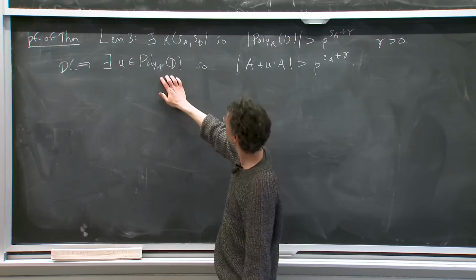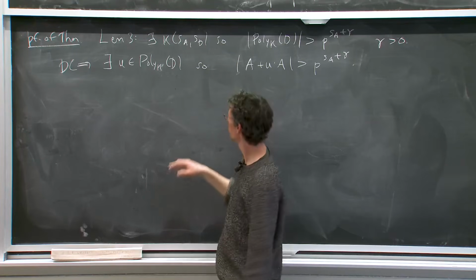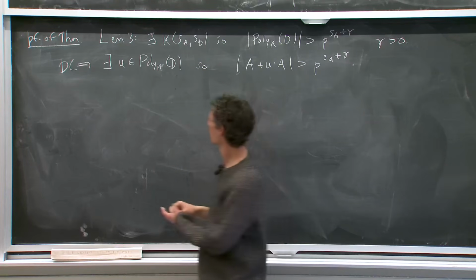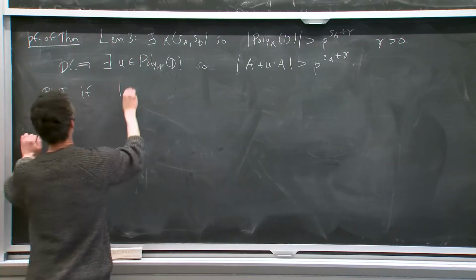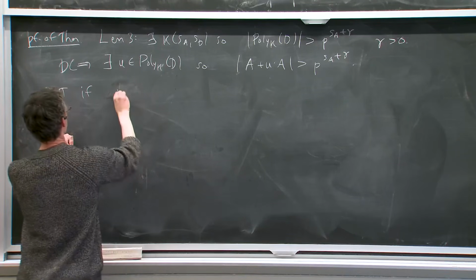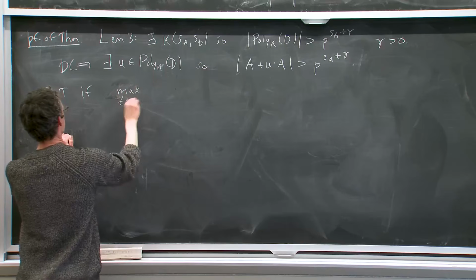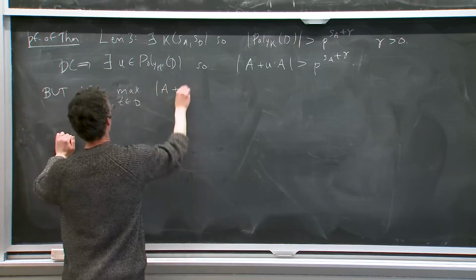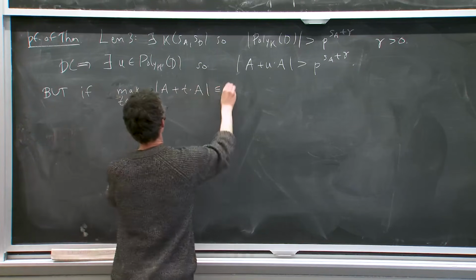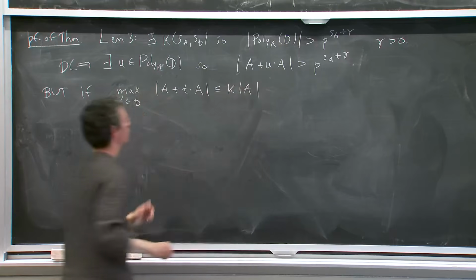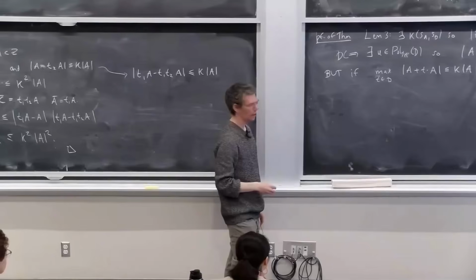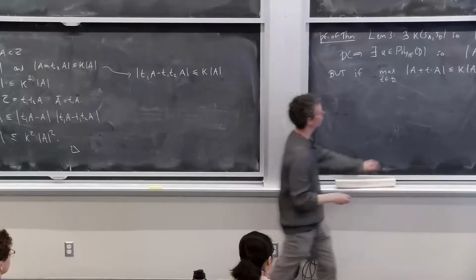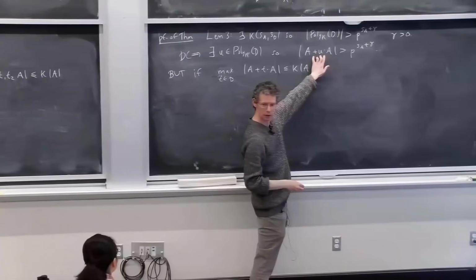And we play this against the contagious structure. But if the maximum t in d of a plus ta was less than ka, and we can use contagious structure many times, we'll see that also this guy should be small.